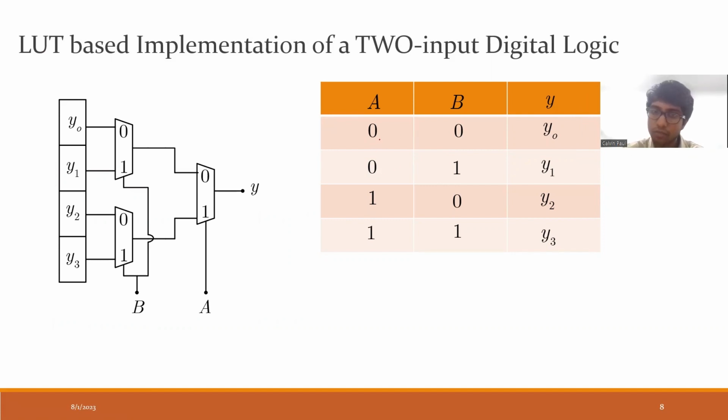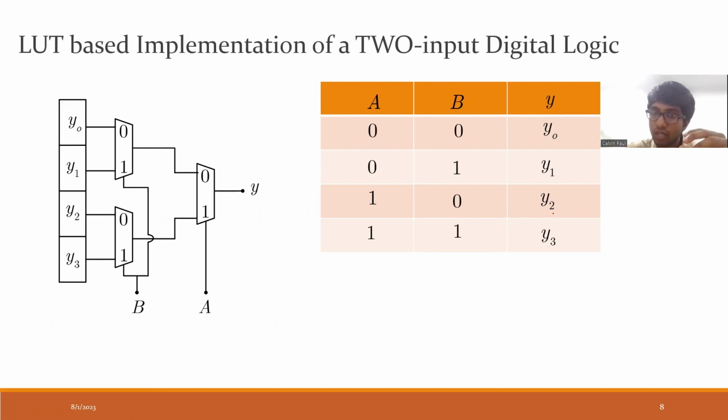A lookup table is based on the input; it will select some particular function value output. It is looking at the input and selecting the particular output. If the inputs are 0, 0, it will give the output y0. If the inputs are 0, 1, it will give the output y1. If the inputs are 1, 0, it will give output y2, and so on.